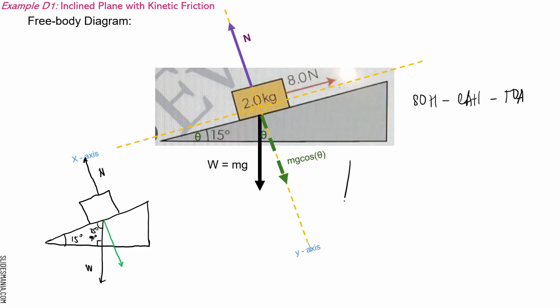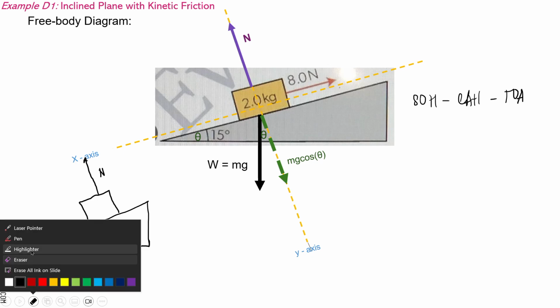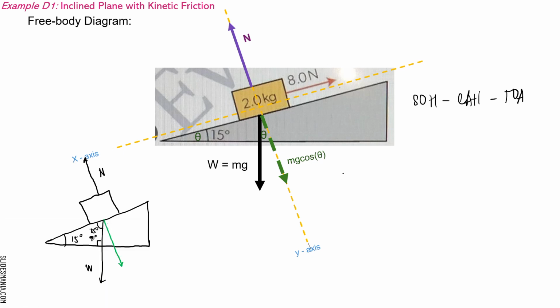Let's redraw this triangle right here. Let me make it straight. So this is the weight force vector, the green dashed line.